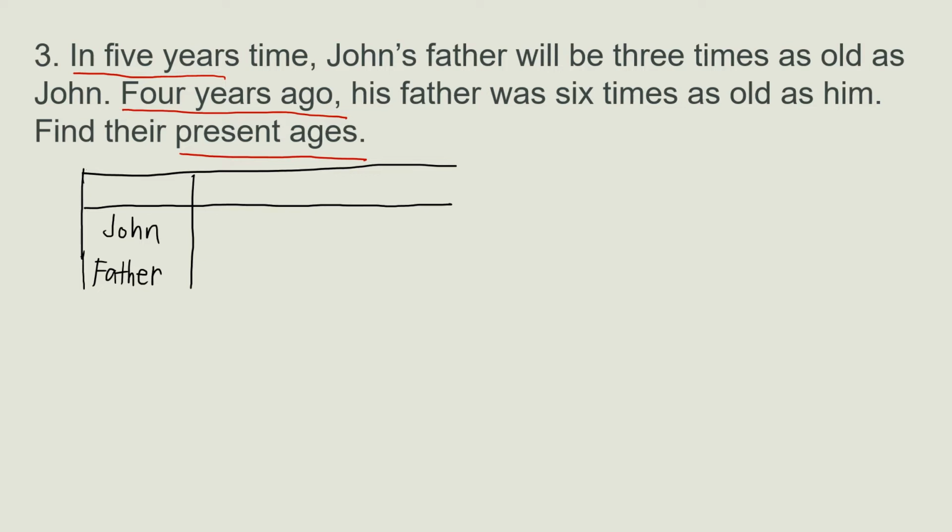We have 4 years ago, so let's have here 4 years ago, and then we have the present. Let's add one more, and then we have in 5 years' time, or after 5 years.